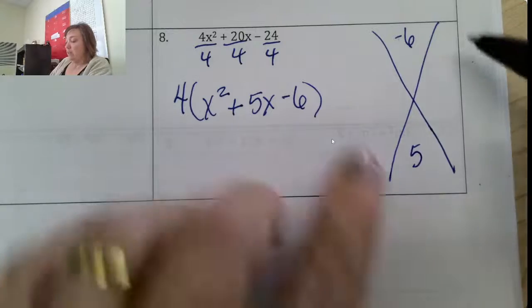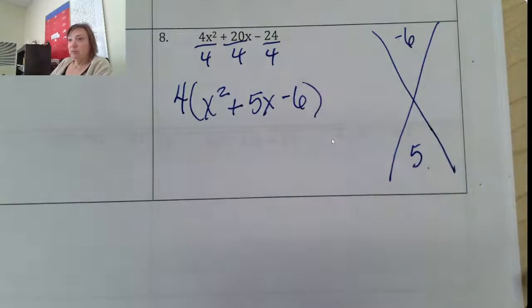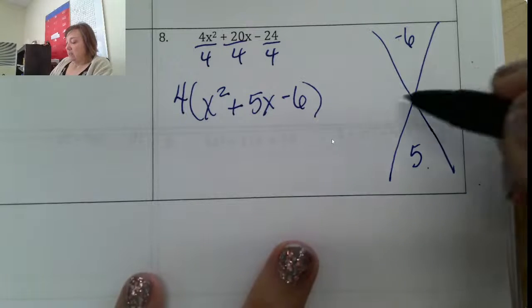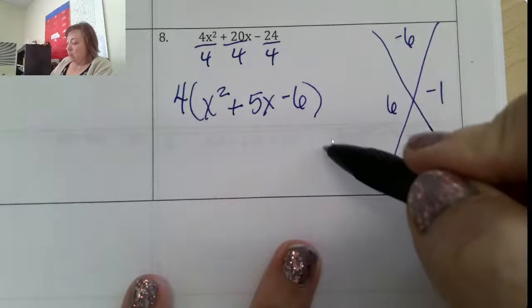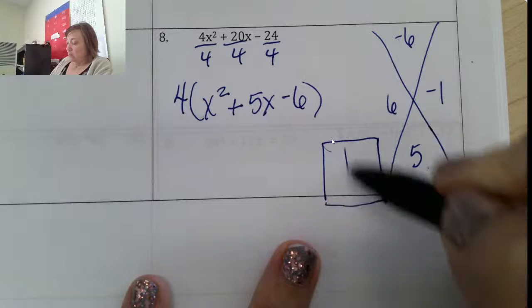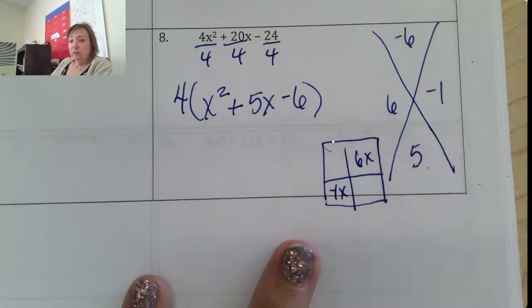So we're looking for things that multiply to get -6 but add to get 5. Two numbers that will multiply to get -6 but add to get 5. Are you okay? 6 and -1. So that means in our box we've got 6x in one and -1x in the other.